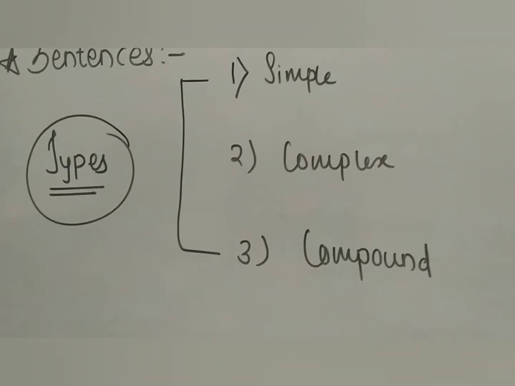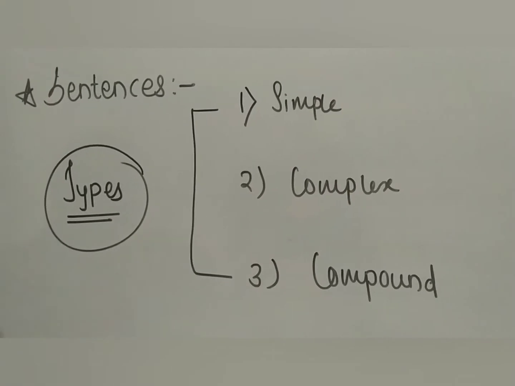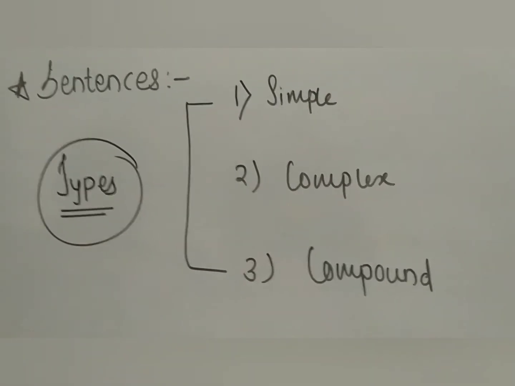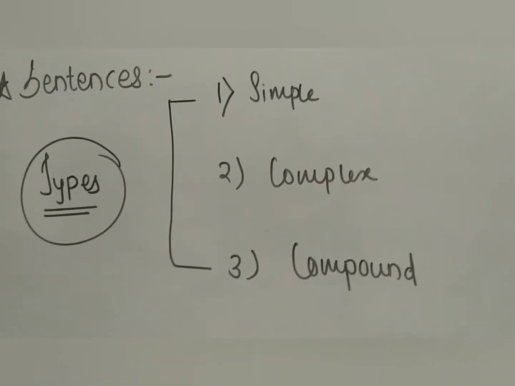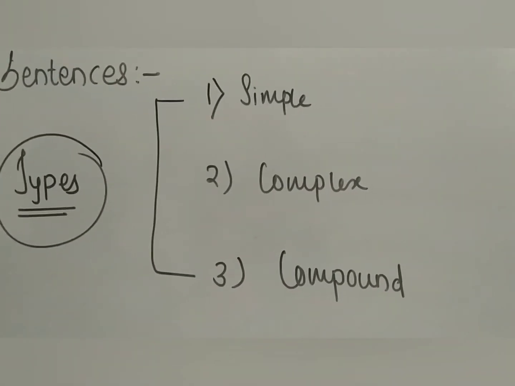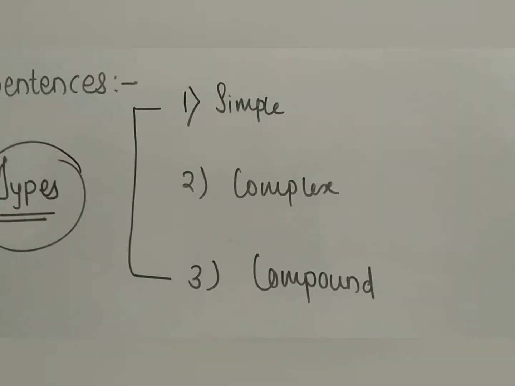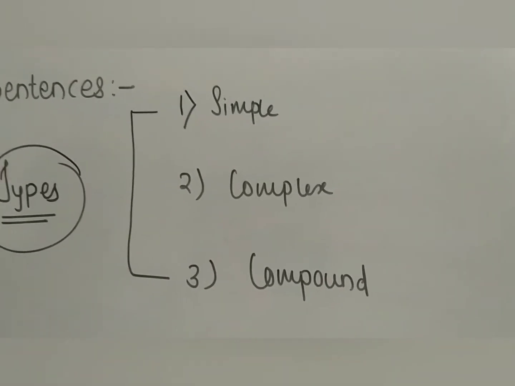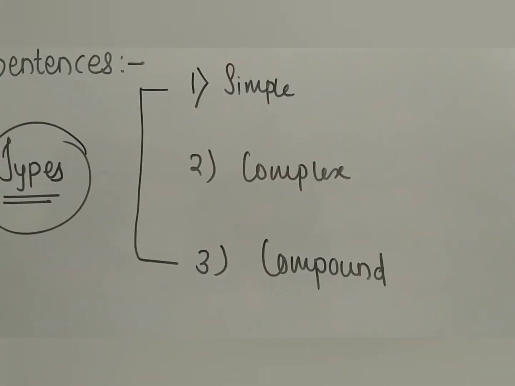Now, see how the simple, complex, and compound sentence is used to make a sentence, or how to identify the simple sentence, complex sentence, compound sentence, or how to write simple, complex, and compound sentences.